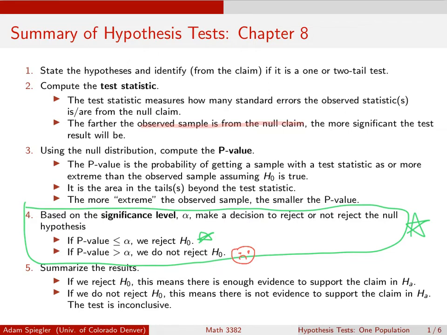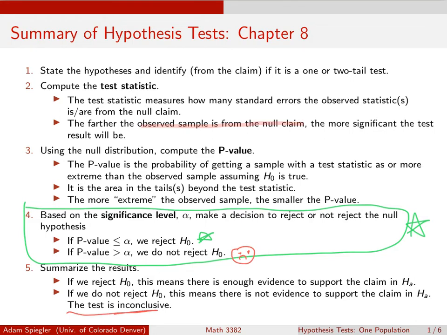And in the event when we do not reject the null hypothesis, just be sure that this does not mean we can conclusively say that the null hypothesis is true, or that the alternative hypothesis is not true. When we cannot reject the null hypothesis, we just say that the test is inconclusive, and we leave it there.